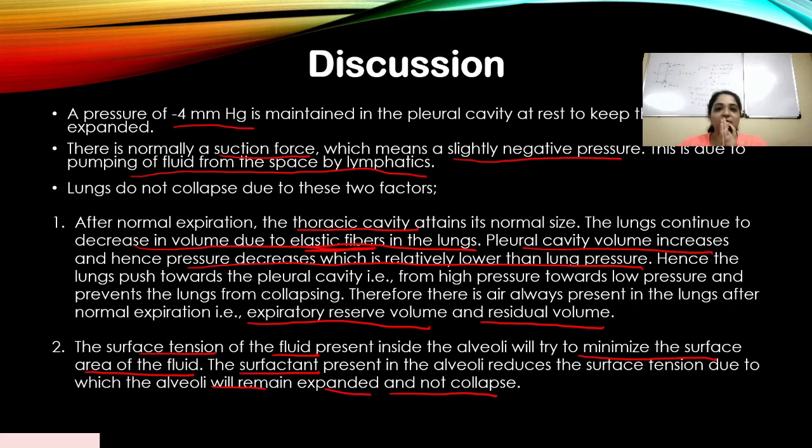So what happens? Lungs will begin to collapse, and we can't allow that to happen, or we won't be able to breathe. So there's a surfactant present in the alveoli which minimizes the surface tension. So the alveoli remain expanded and that allows breathing to happen.